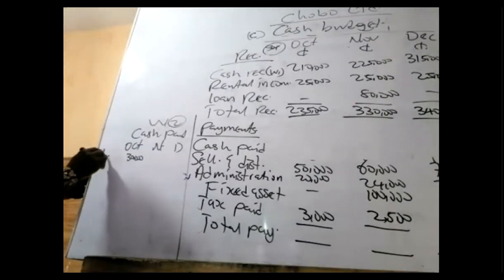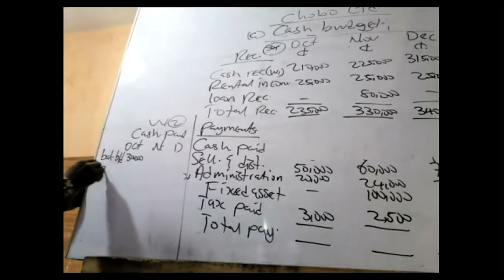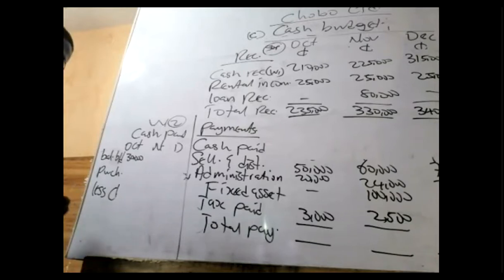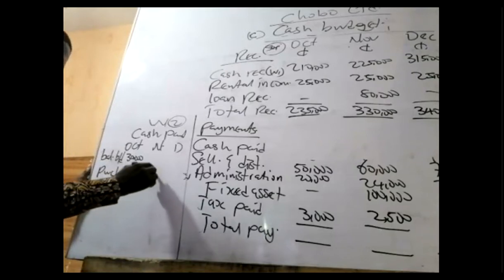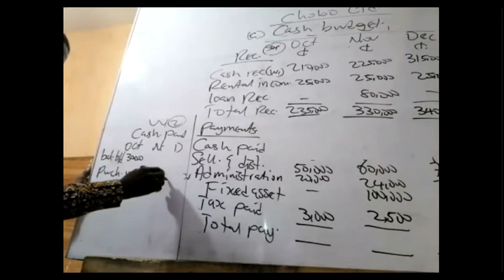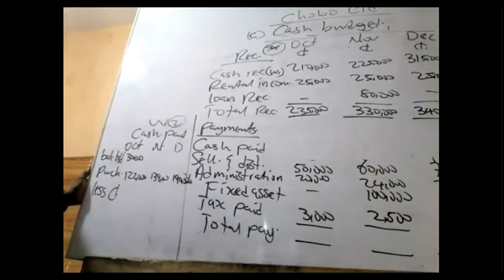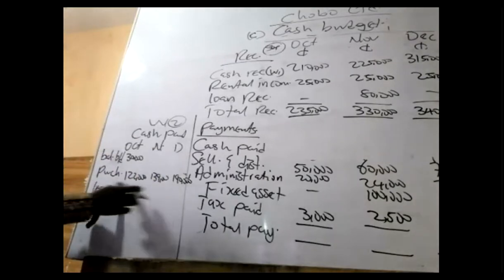So balance brought down. Add your purchases. Then less your closing balance. Purchases we have in there. We had 122 from our P&L calculation, 139,000 and 190,000, right? These are the purchases figures. Can you compare from the P&L? Get a closing balance for the creditors.